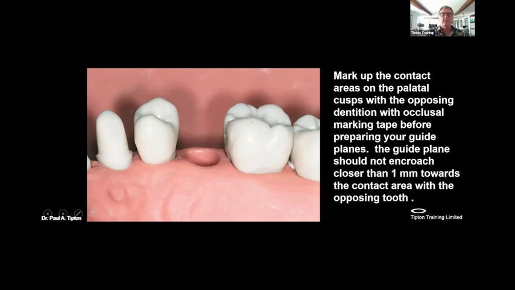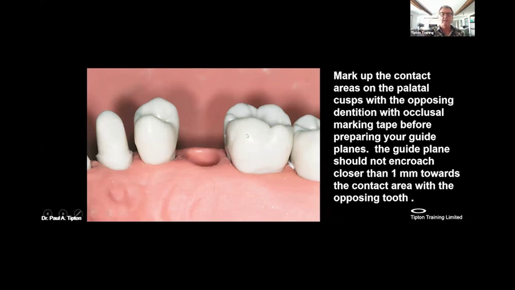And let's just say that my occlusal contact is here. I will put my finish line 1 millimeter below it. So I don't want my metal framework to encroach too close to the actual contact, okay? And I want to keep it 1 millimeter away. So now what happens if my occlusal contact was down there for whatever reason? 1 millimeter down from that means that I'm not going to have much surface to play with.